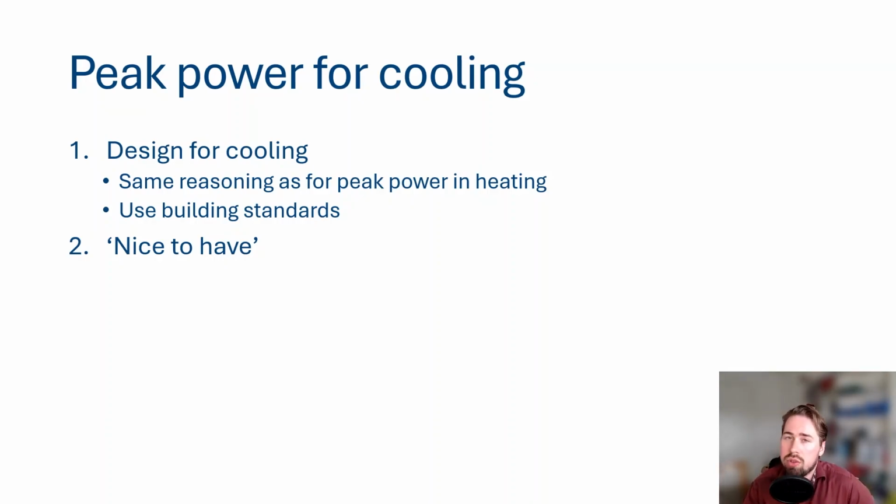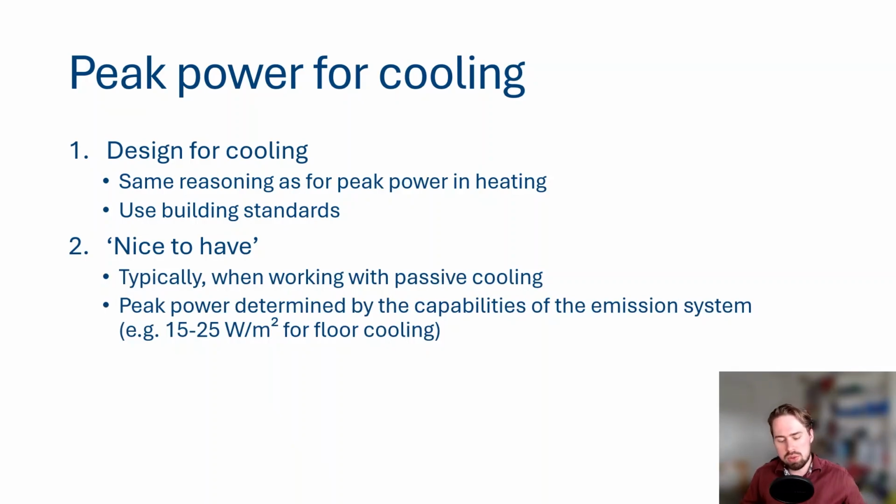But in other countries, cooling, especially passive cooling, is more like a nice to have. So what you do is you size your geothermal system based on the heating demand and the peak heating, and then you have a certain emission system, and then you calculate what this emission system can deliver in terms of cooling, and that value you take as the maximum power for cooling.